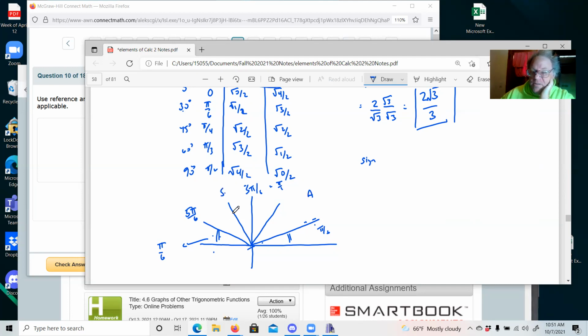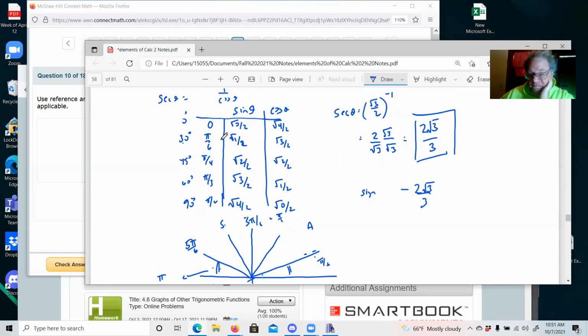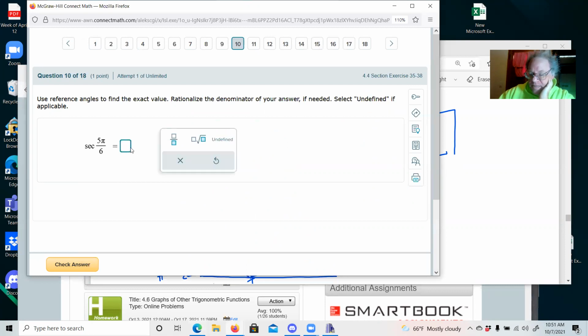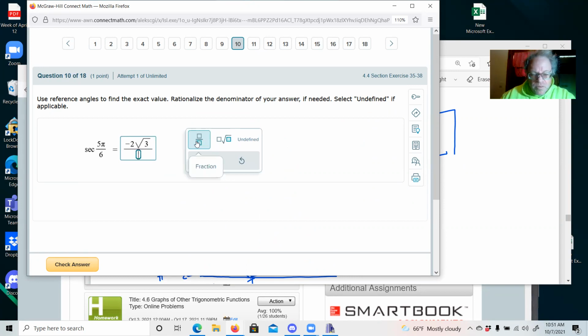Secant is the reciprocal function of cosine, so it's going to be negative. So we need -2 root 3 over 3, because we didn't have to change anything else. So we should be okay with that.